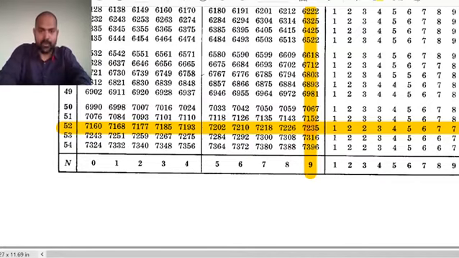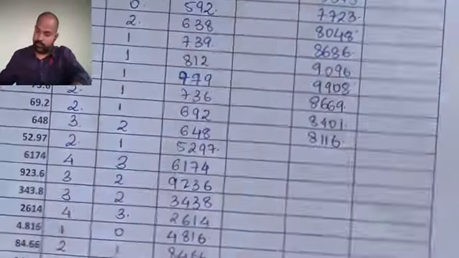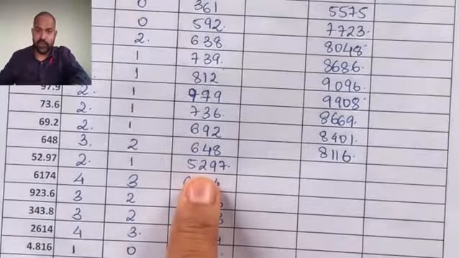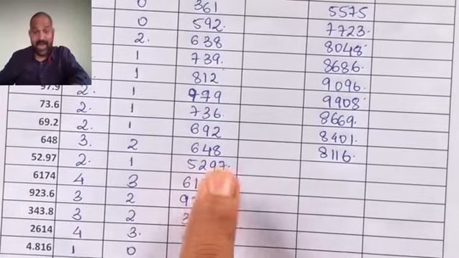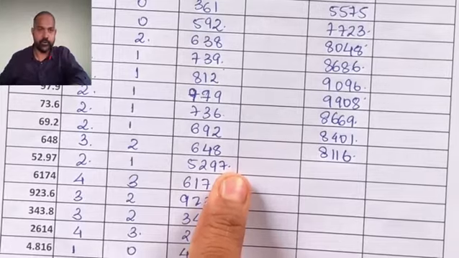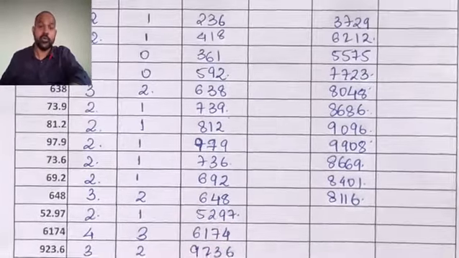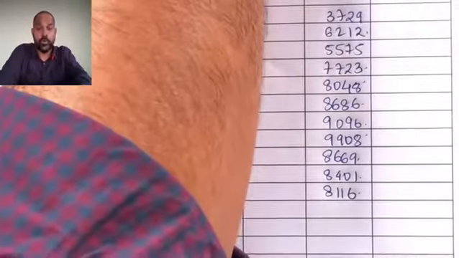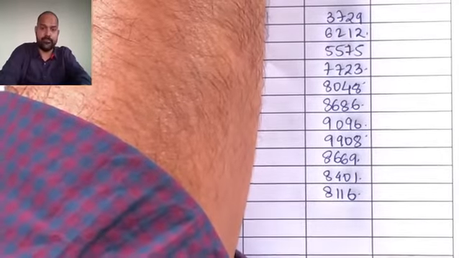But the problem is, your number is not just 529. It is 529 and there is another 7 to it. What are you going to do? You are going to move on to the next column.